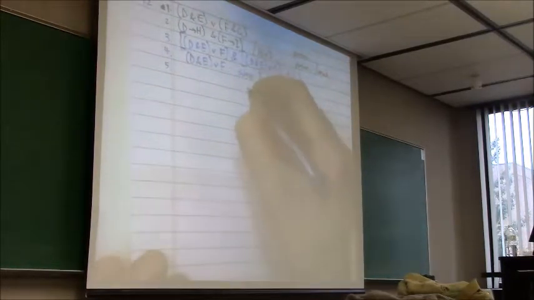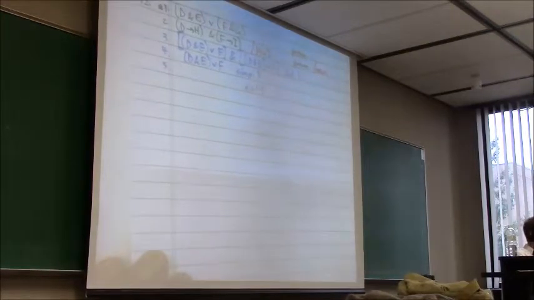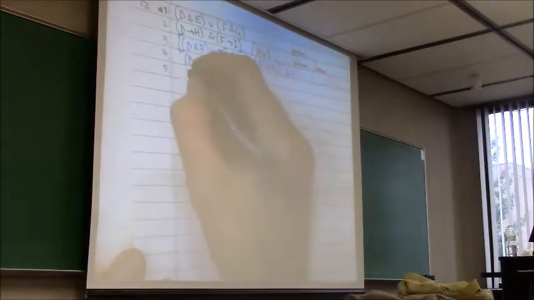So if I do distribution again to line 4, what will it be? I'm going to do it in a slightly unusual order this time, but you should be able to handle it. What will that give me if I do distribution to line 4? D what?